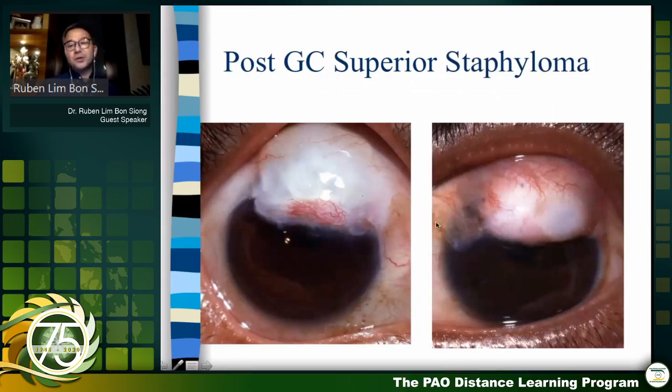This is an adult patient coming to you with a large, thin-walled bleb. If you see this, your first impulse is a glaucoma patient who had a trab with mitomycin. However, patient had never had any form of surgery. But patient had history of eye redness with discharge when he was young.